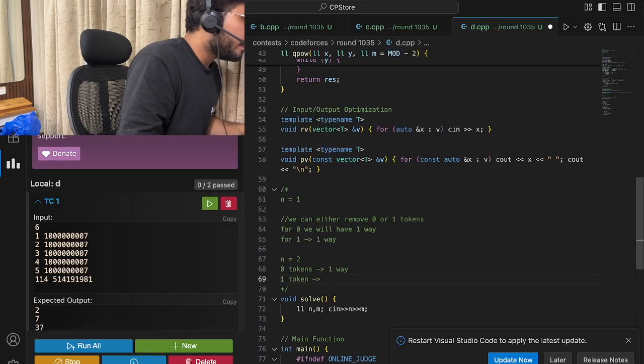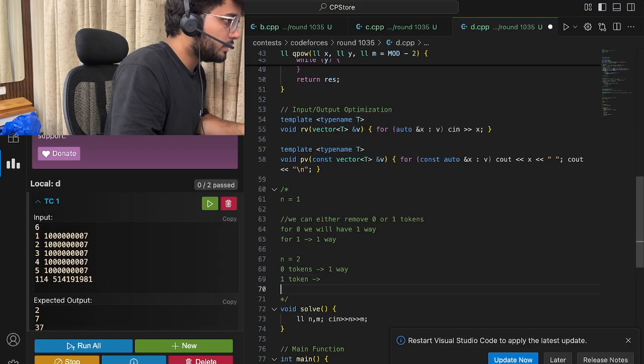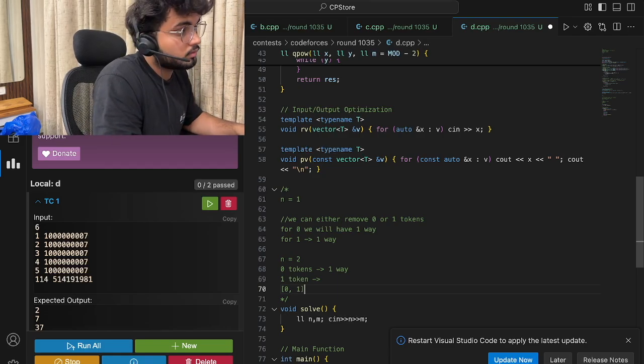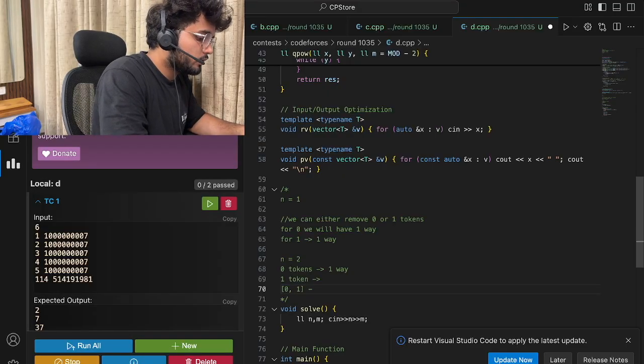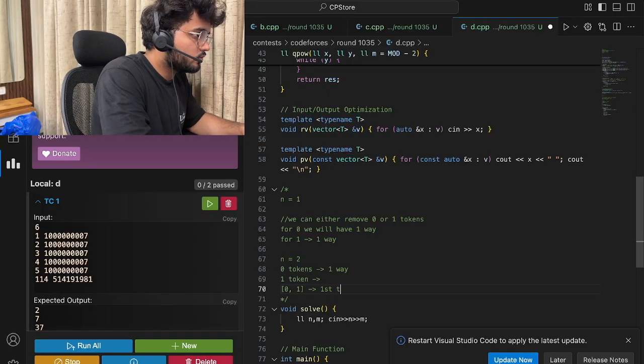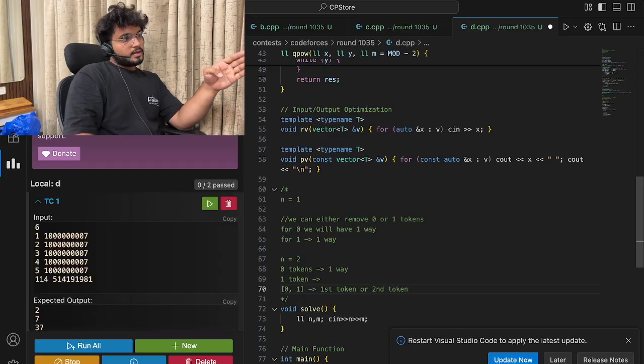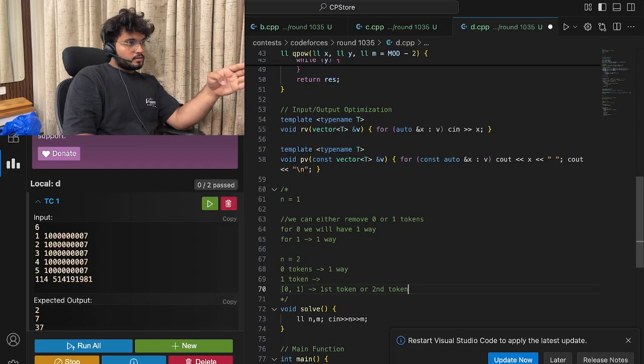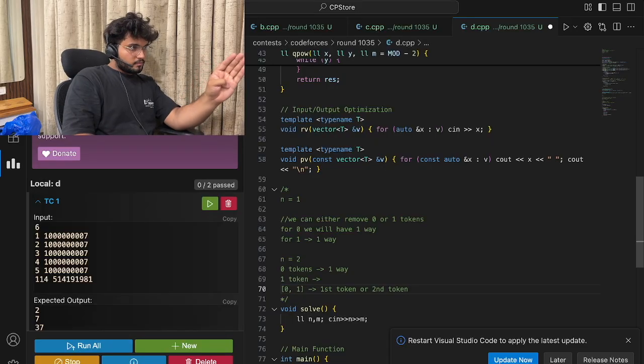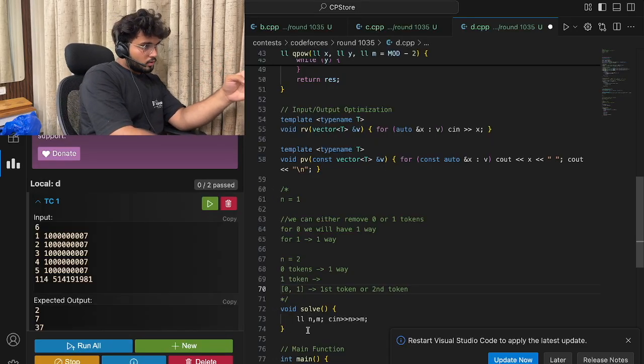See why? What are the possible sequences? We can have 0, comma 1. These are for removing only one token, right? Using this, we can remove either the first token or the second token. How? We have 1 at the second position, which means we can remove a token from a_i to i, so we can remove either the first token or the second token.